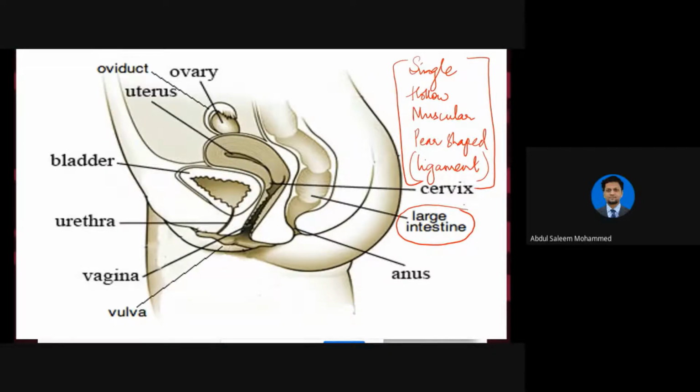So here is the rectum, which opens outside the body with the help of this opening. On the other hand, we have the urinary bladder. So this is the rectum, this is the urinary bladder. In between these two parts of the body, you can find the uterus. So here is the uterus. This complete fold is of the uterus.